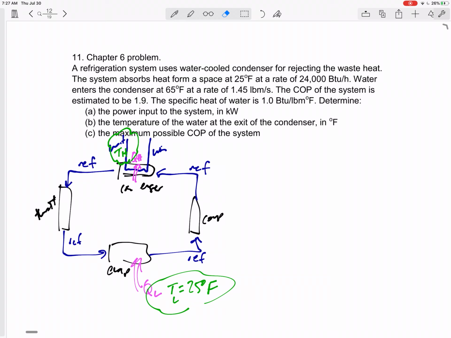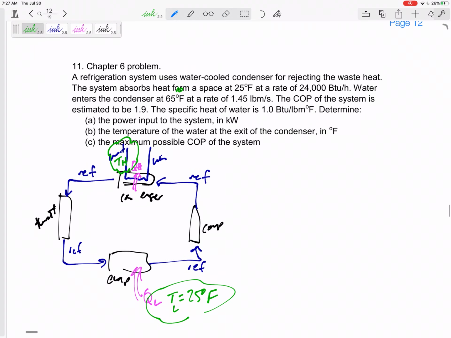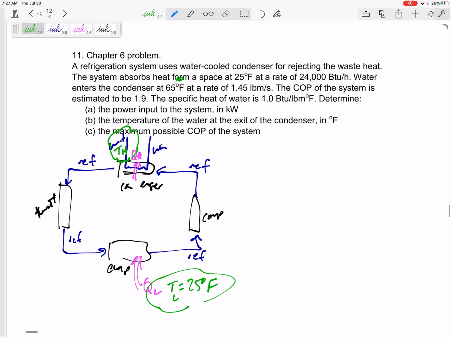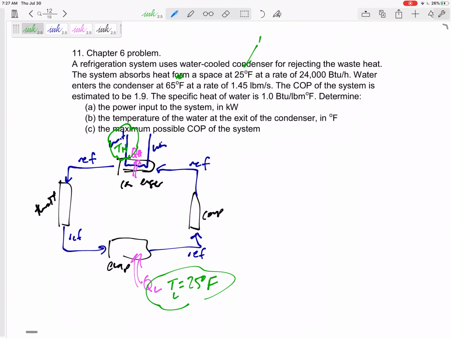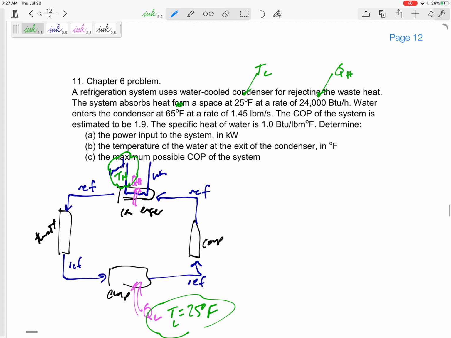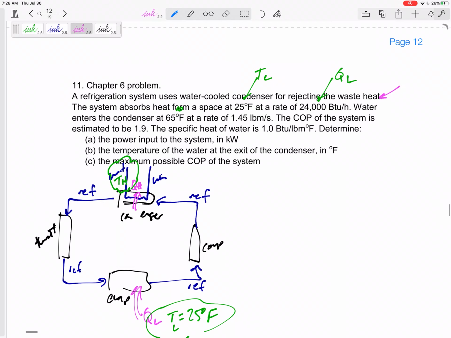The system absorbs heat from a space at 25 degrees Fahrenheit and 24,000 BTUs. That is the TL and the QL. The waste heat in the condenser is the TH and the QH.